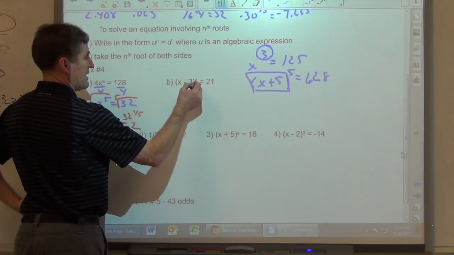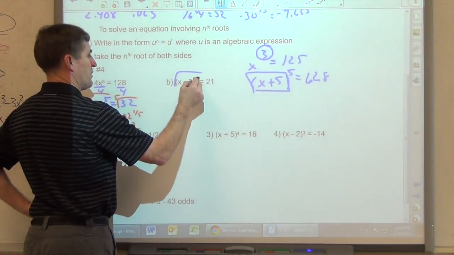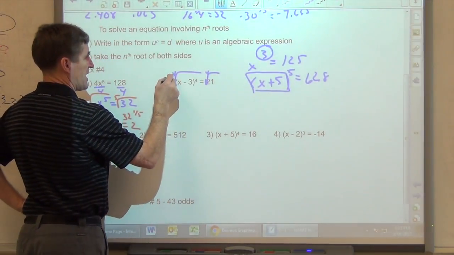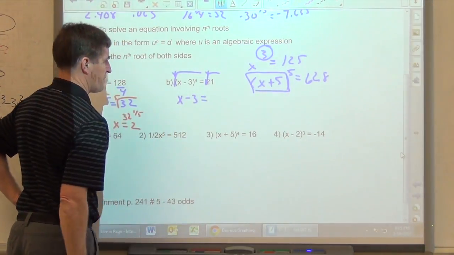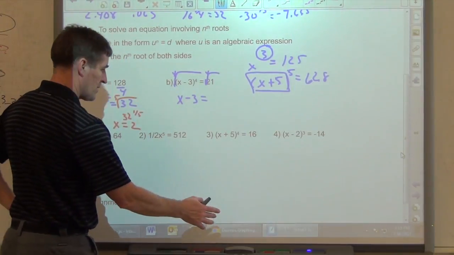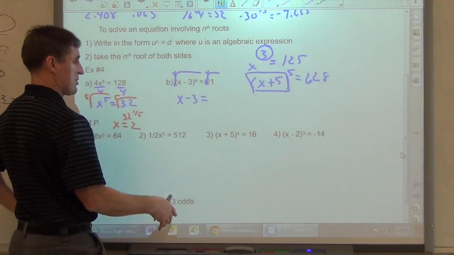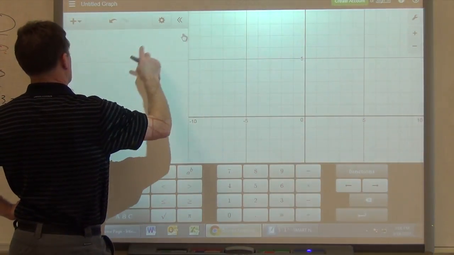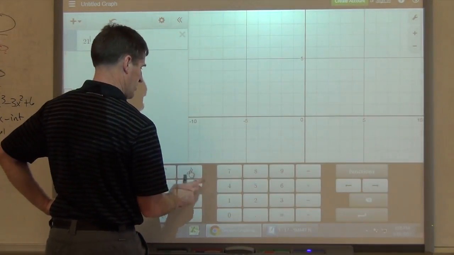In this case, this 4th power affects everything, so I'm going to do the 4th root of both sides. On this side, the 4th root and the 4th power cancel, so I get x minus 3 equals, and now we're going to take the 4th root of 21, and because now we're solving an equation, we're going to do plus or minus. So I'm going to go 21 to the 1/4 power.